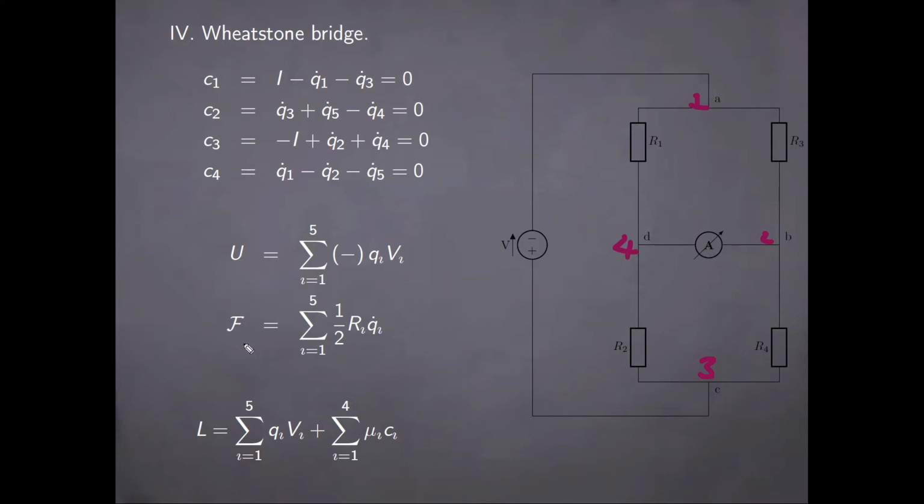And the dissipation function is, of course, given by the 5 terms corresponding to the dissipation across the four resistors and across the bridge. So then the Lagrangian is given by this potential term, to which we must add the four equations of constraint, each multiplied by its own undetermined Lagrange multiplier.